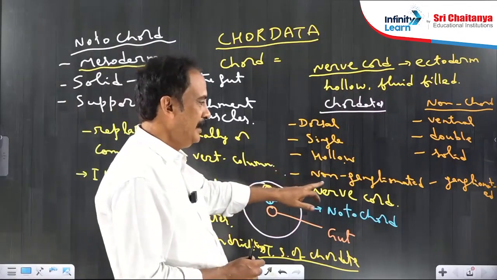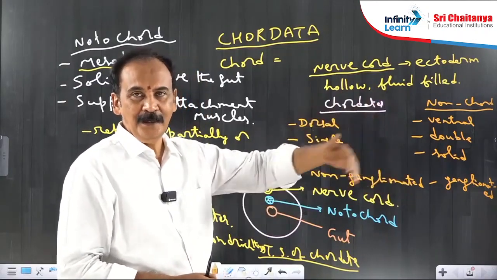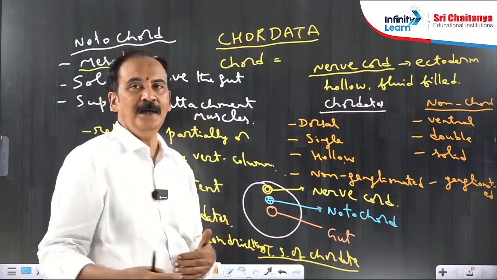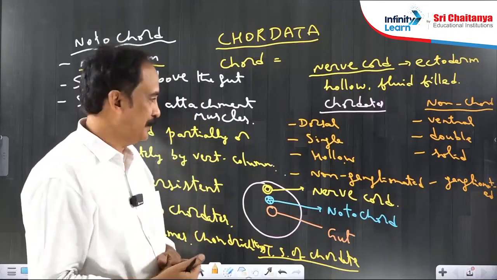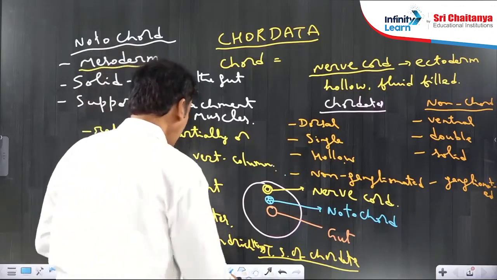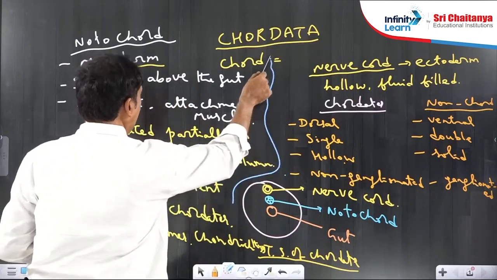And we don't have ganglia in chordates, but non-chordates have ganglia, like in the cockroach, where we have thoracic ganglia and abdominal ganglia. That is the nerve cord. And the third one is the pharyngeal slits or pharyngeal gill slits.